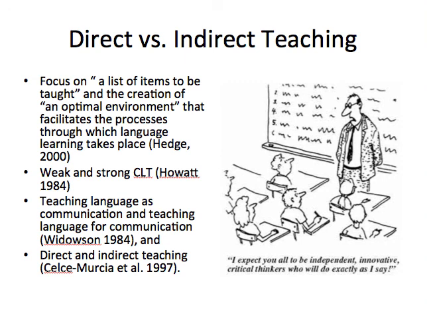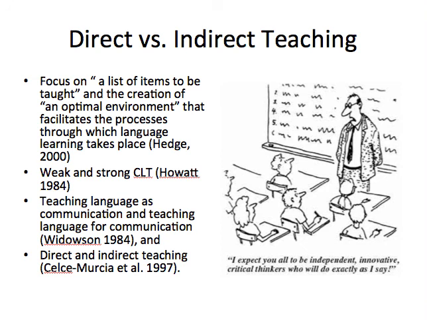Here's a quote from Hedge: a focus on a list of items to be taught and the creation of an optimal environment that facilitates the process through which language learning takes place is an ideal description of what we should be doing in the classroom. But notice it's a balance between a list of items to be taught and the creation of the optimal environment that facilitates the processes. And that encapsulates both direct and indirect teaching.